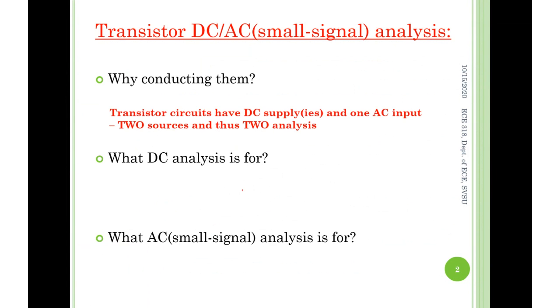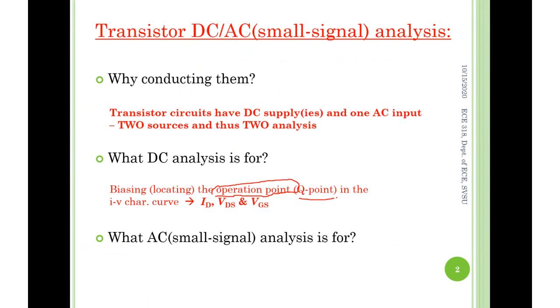And what is DC analysis for, and what is AC analysis for? In the circuit analysis, the DC analysis is trying to set up the so-called operation point, the Q point. I don't know if this is a concept you have never heard before. The Q point is the operation point where you can place your transistor on the IV curve.